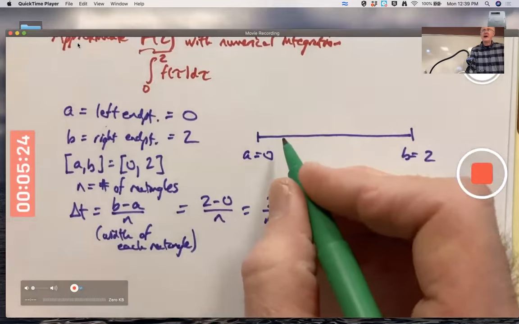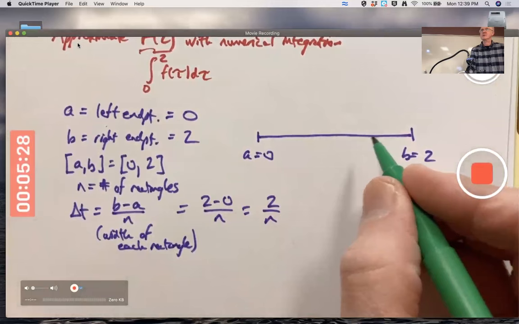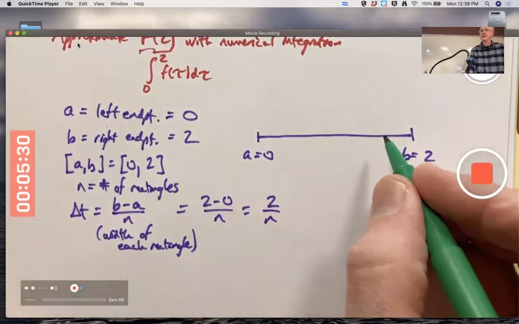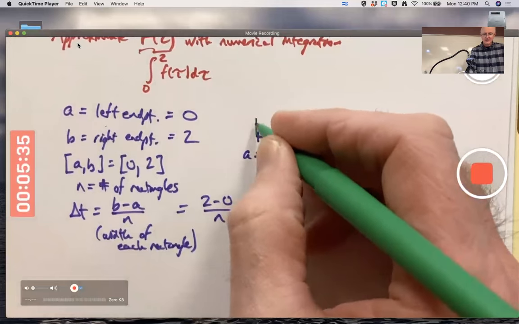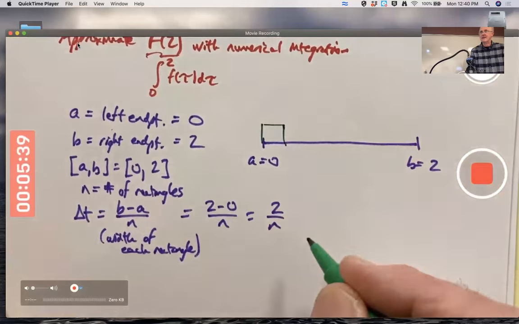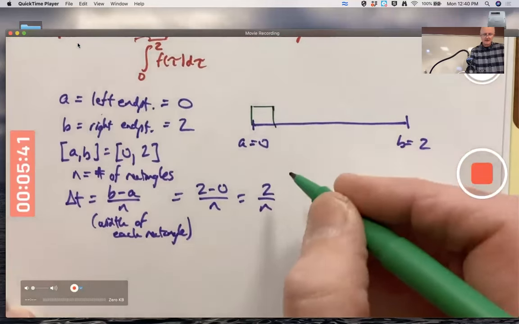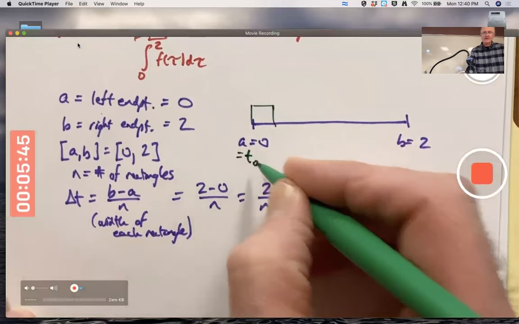I need to identify the different points that make up the different corners of the rectangles. The lower left corner of the first rectangle, imagine a first rectangle here. Actually, for our example, it would not look like that necessarily. The lower left endpoint is the a. I'm going to call that t sub 0.